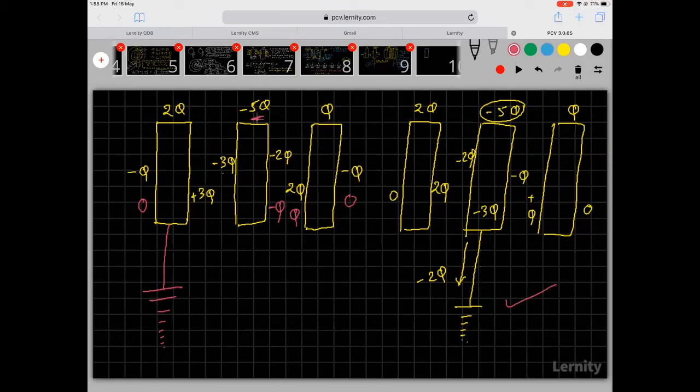Total charge is 5Q. This is minus Q. So this will become minus 4Q. So this will become plus 4Q. If this is coming for plus 4Q, already 2Q is there. So 2Q should have gone from the ground. So if 2Q goes from the ground, now this will work out.